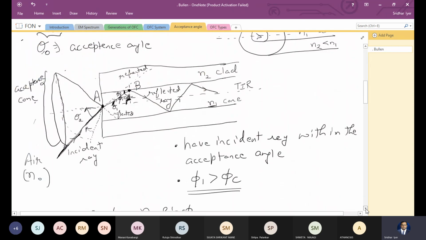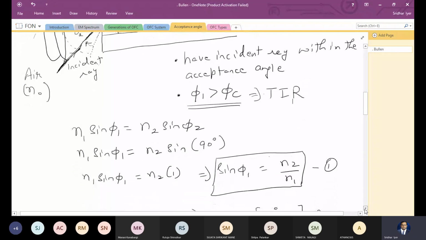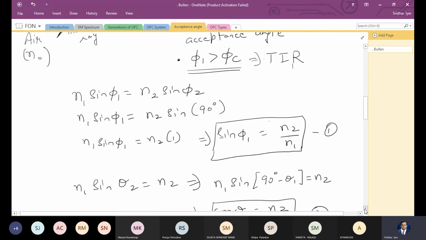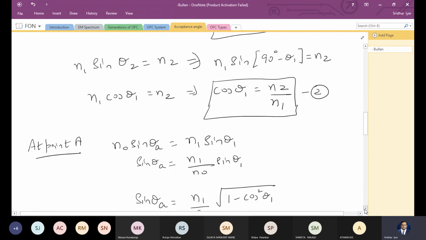So this was the diagram which we have drawn, and we want the incident ray within the acceptance angle, because of which we'll have phi 1 greater than phi c, which will ensure the total internal reflection. Then we've used Snell's law to find phi 1, and then we've used Snell's law again to find theta 1.